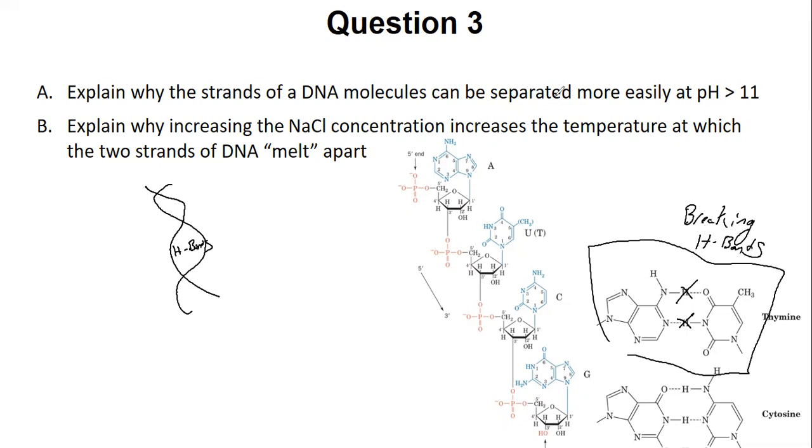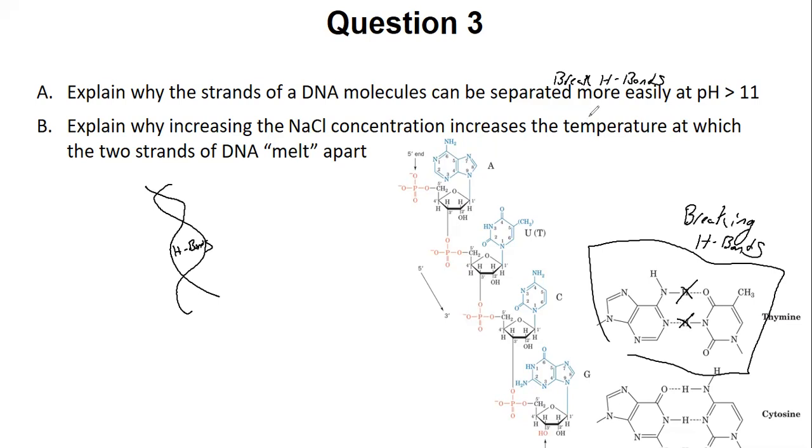So at high pH, you break hydrogen bonds and DNA separates. So that's why if you want to separate DNA into single-stranded molecules, one technique you can do is just increase the pH.